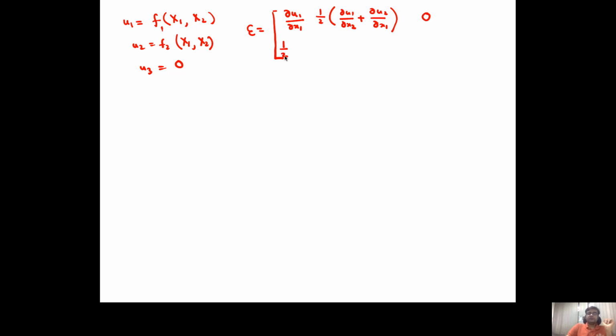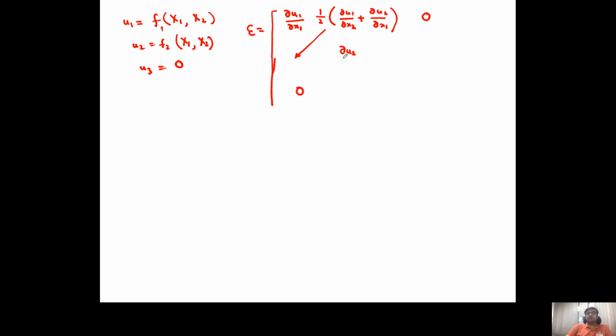Since this is a symmetric matrix, this one will be identical. So let me not write it down. What I will do is I will just point it out. This term will come here. This will be 0.